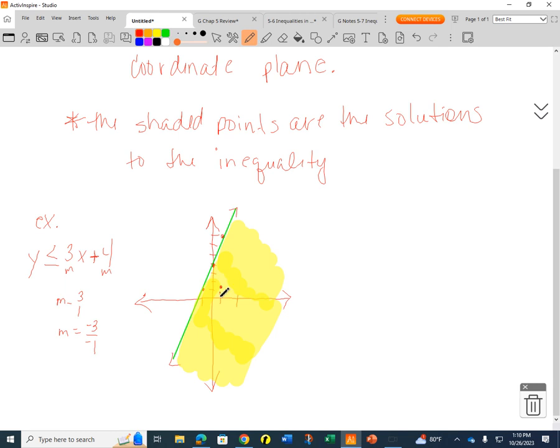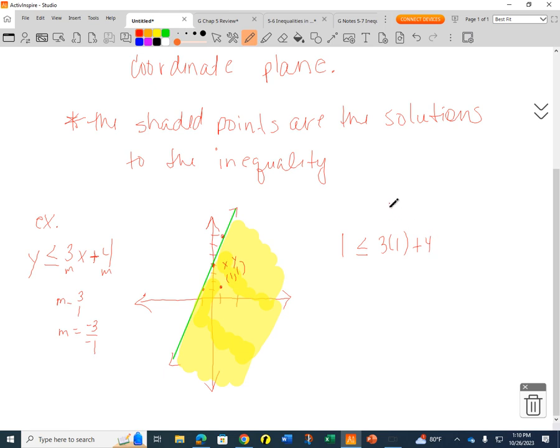So if I took this coordinate, 1, 1, that is shaded, and I plugged it in here, it should make it a true statement. So let's do that. So remember, this is an x coordinate, this is a y coordinate. So I'm going to replace the y with 1. So 1 is less than or equal to, now I'm going to replace the x with 1, because that's my x value, 3 times 1 plus 4.